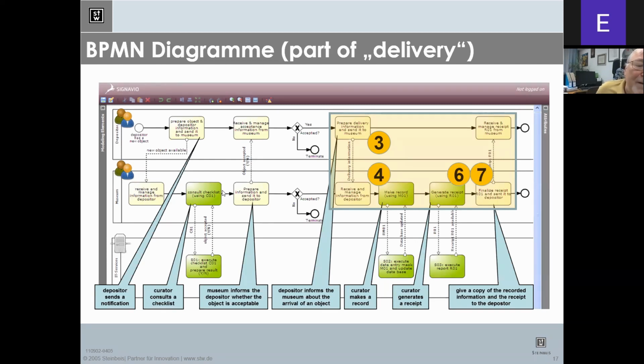And the next step is we have to consult the checklist. So the curator, for example, looks into an Excel sheet or into a database or in a lookup table or something else, and looking at the checklist. The checklist connected with the acquisition of an object.